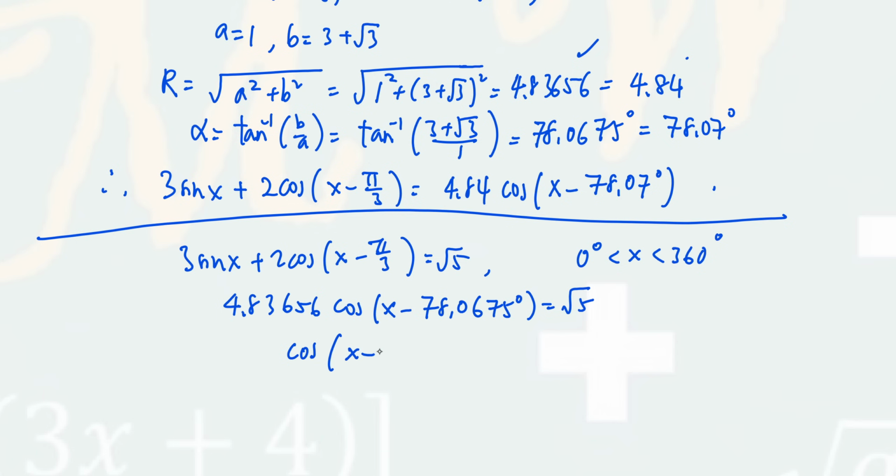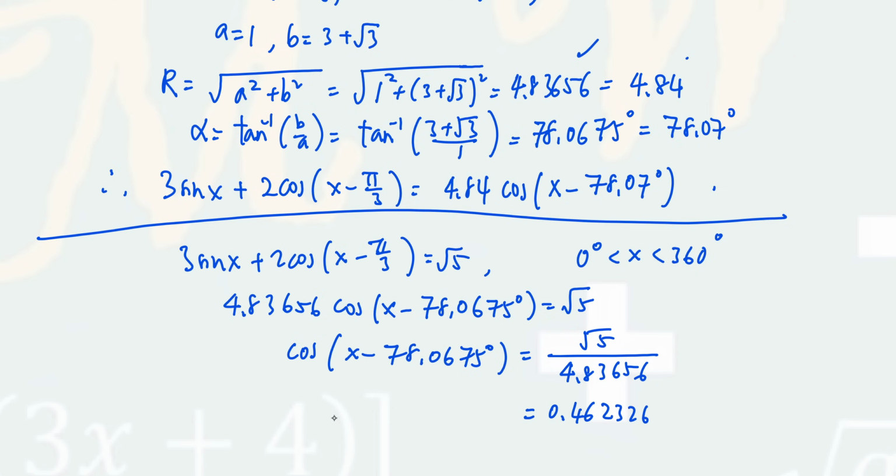So cos of (x minus 78.0675 degrees) equals square root 5 over the coefficient of the cos, and this is going to be 0.462326. You can give more decimal places or more significant figures because this is the working.